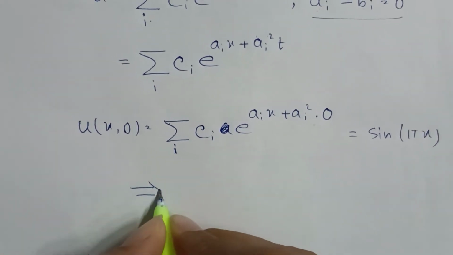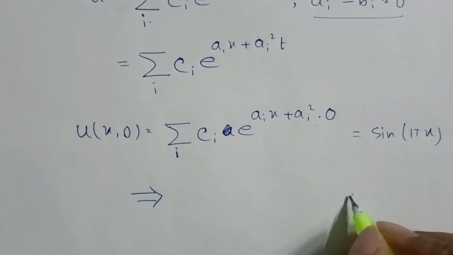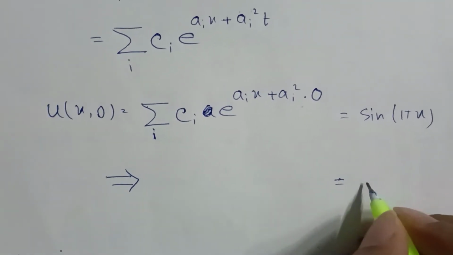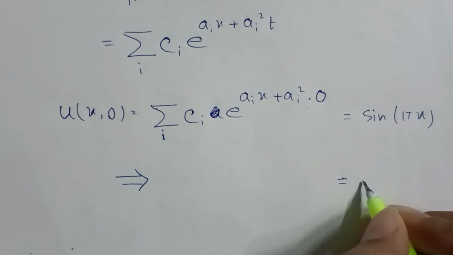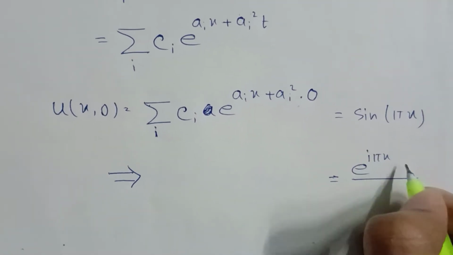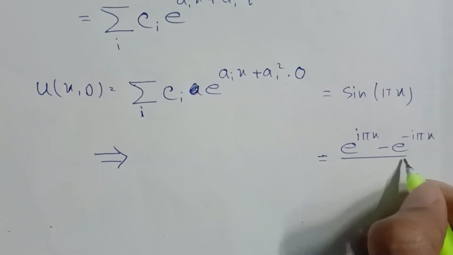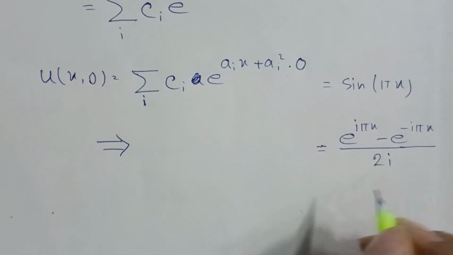Now this means what? Sine pi x means, first write down the right hand side, e to the i pi x minus e to the minus i pi x over 2i.